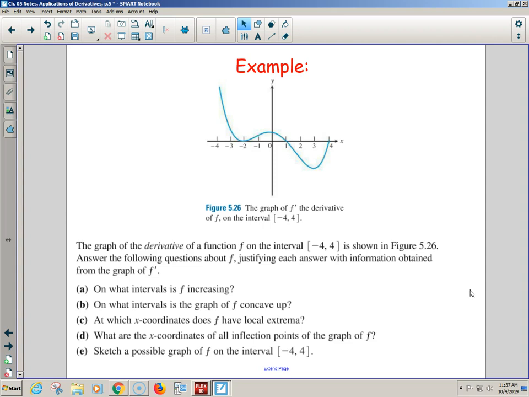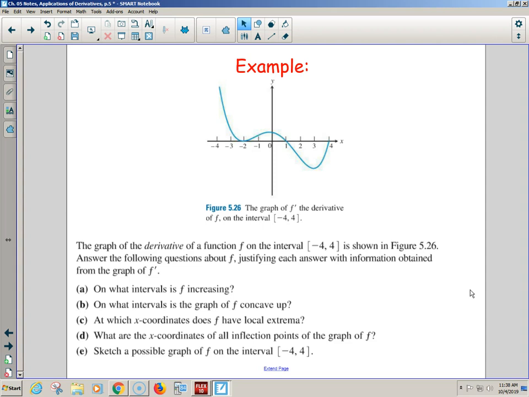I'm hearing people talk about open and closed, especially for this example. That's a very good thing to be talking about. When f is concave up, that means the derivative is increasing.